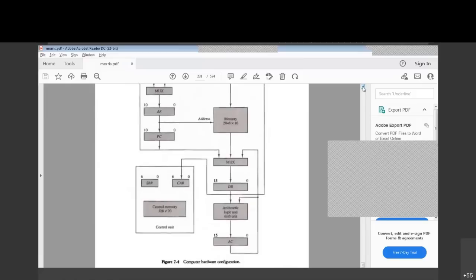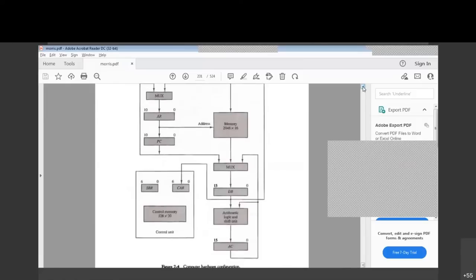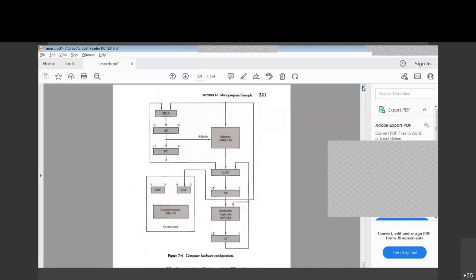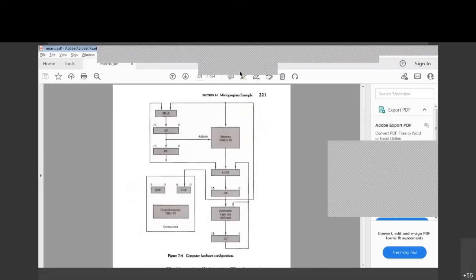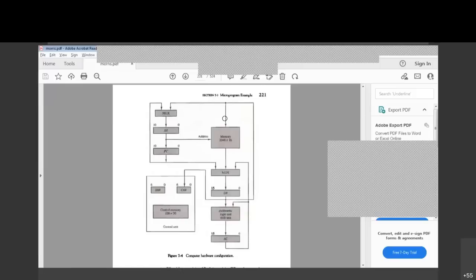First of all, let us see the computer hardware organization of a computer having microprogrammed organization. On selecting highlighter, my screen got hung.